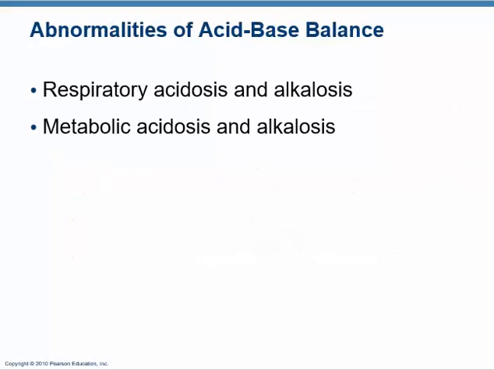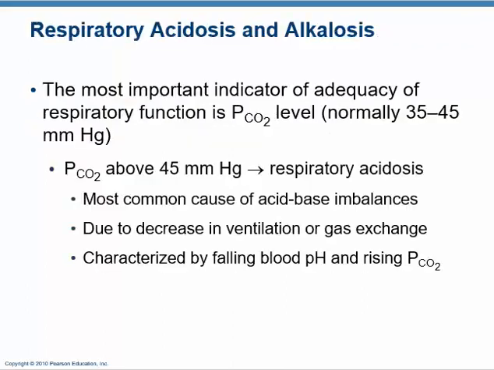So respiratory acidosis and alkalosis and metabolic are two separate things. So in respiratory, we end up with partial pressures of carbon dioxide above 45. So we have more carbonic acid, more PCO2.